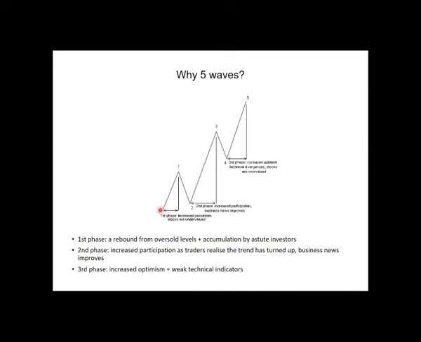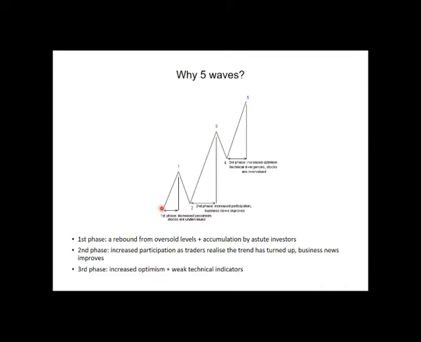So you have to remember that when we are at the bottom of wave 1, there is a lot of pessimism in the stock market. If I take the example of the stock market, the market has been going down. There are very few bulls, many bears, and people are pessimistic about the future. And I'm talking more about a long-term chart here.